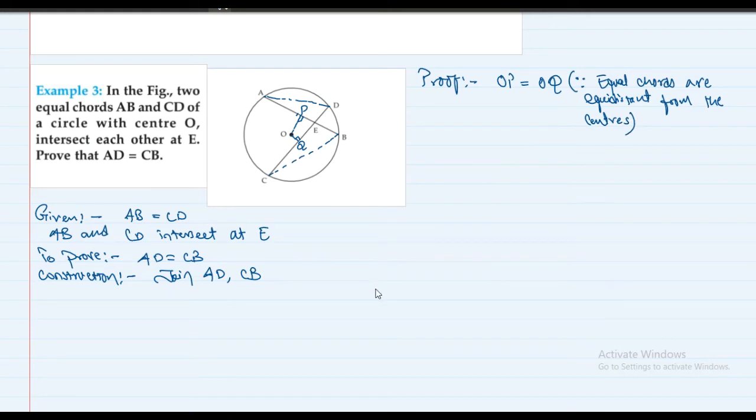So chords which are equal, their distances from the center of the circle are equal. Since chords AB and CD are equal, their distances from the center, OP and OQ, will be equal.